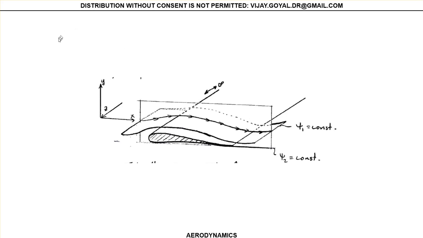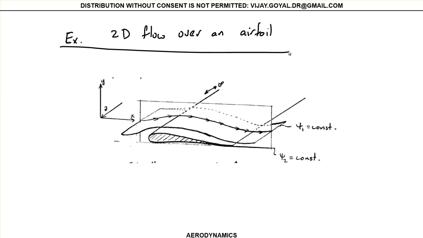Let's do another example. In this particular example, let's consider a 2D flow over an airfoil. Okay, so consider the airfoil, and let's take a stream function psi 2 and a stream function psi 1.